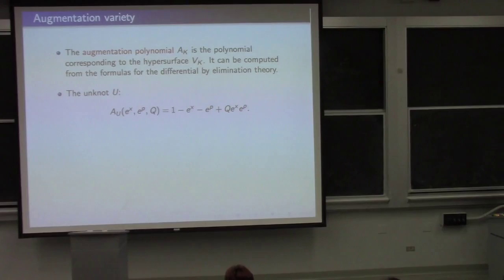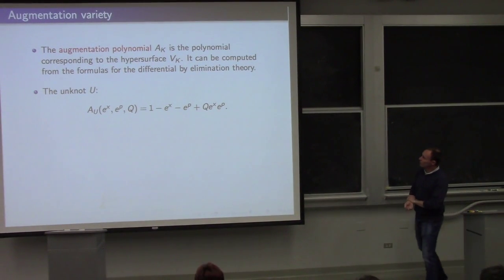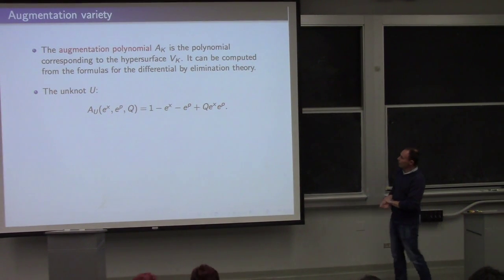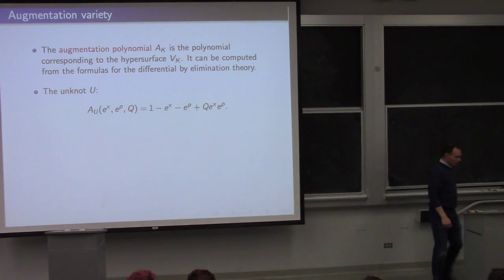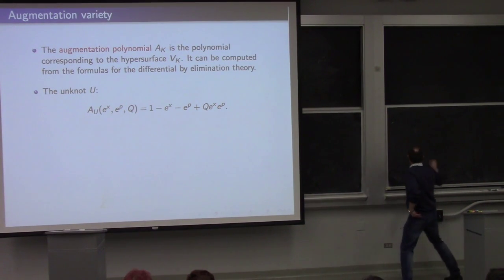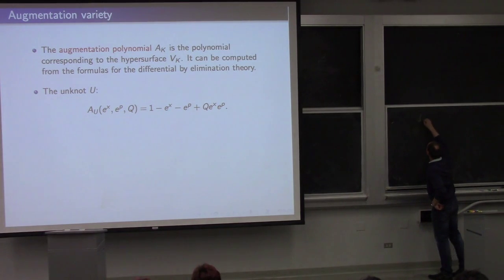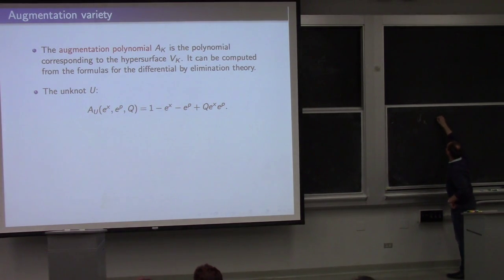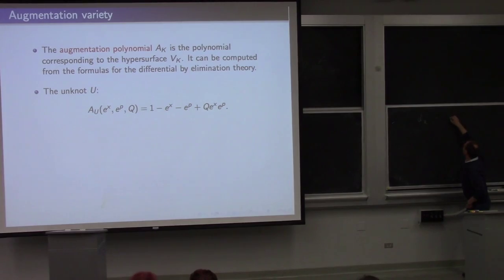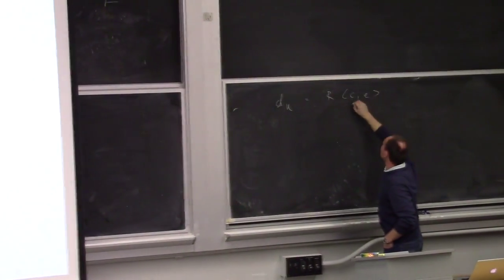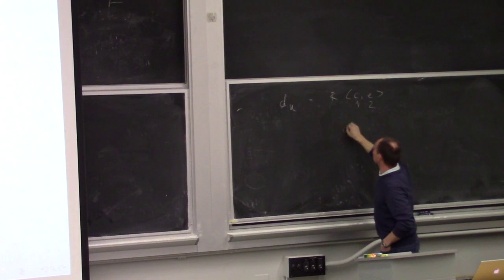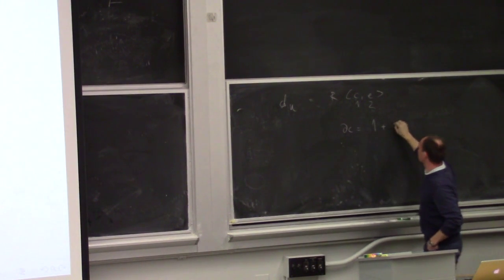But let's first look at examples. Remember this was the one calculation we did. For the unknot, there was just this ring here called 1, and then there were two variables C and E. This was degree 1, this was degree 2, and dC was exactly the expression here.